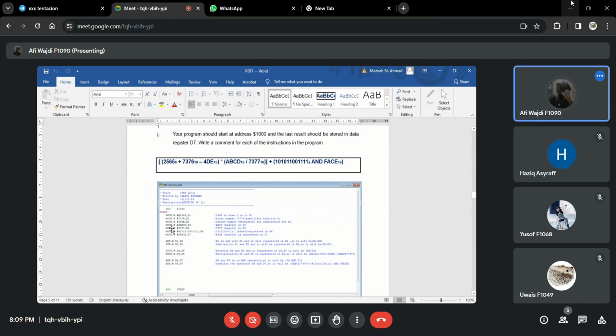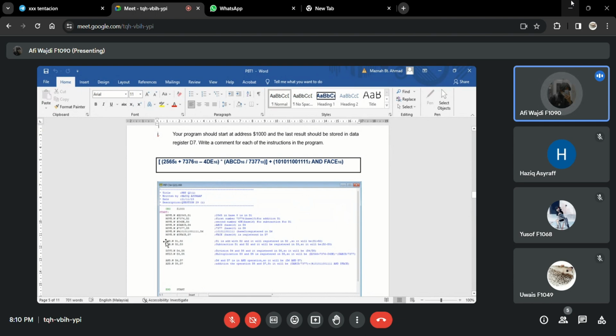And next is binary 101011001111 to D6. This is 101011001111 base 2 registered in D6. And the last one is hexadecimal FACE to D7. This is FACE base 16 registered in D7.